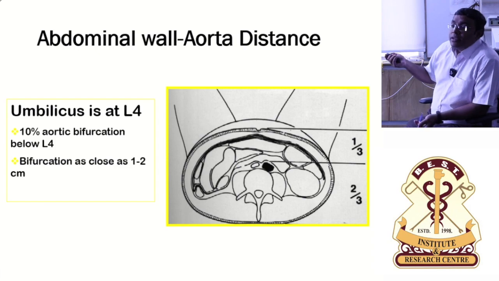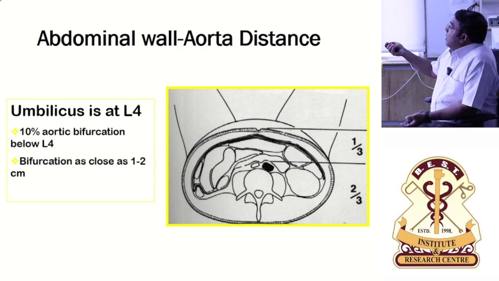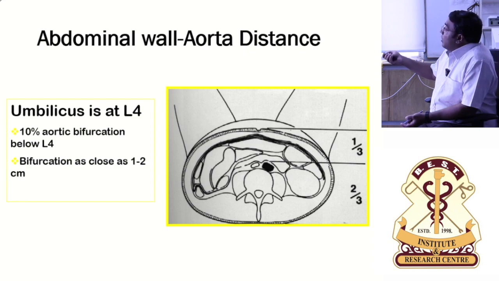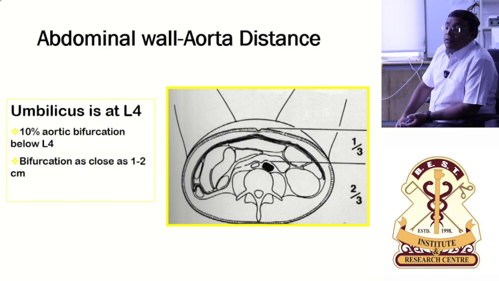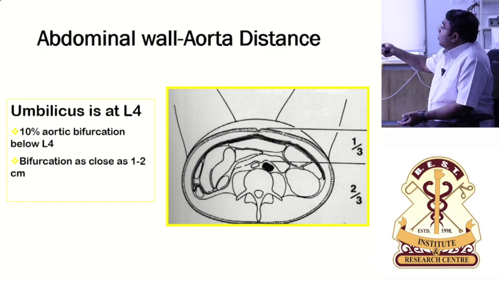This is what I was telling you yesterday. The distance between the umbilicus and the major vessels is actually one third of the whole distance from the umbilicus to the skin on the back. So two thirds is here, whereas only one third is there.